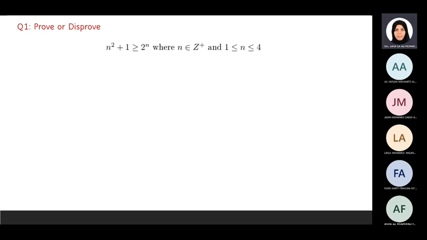What about this question? Prove or disprove? If you look over the statement, it says n squared plus 1 is greater than or equal to 2 to the power n, where n belongs to Z plus and n is between 1 and 4.